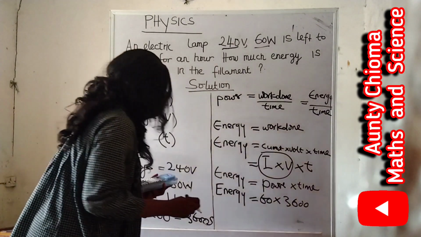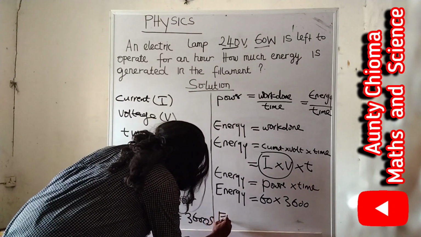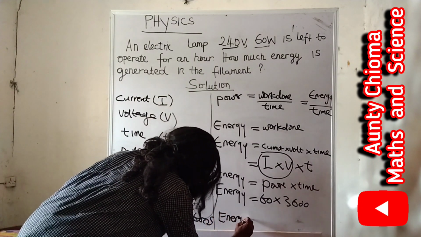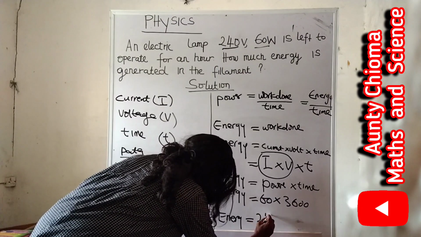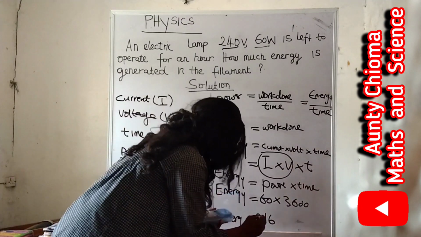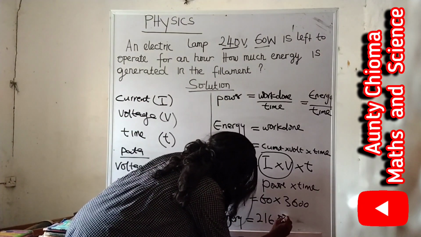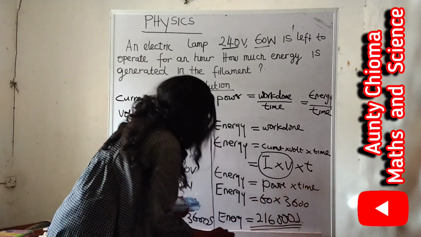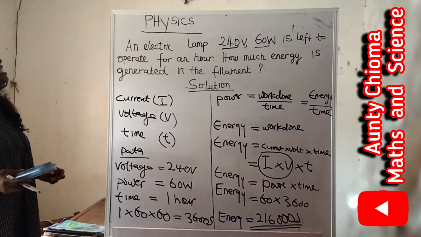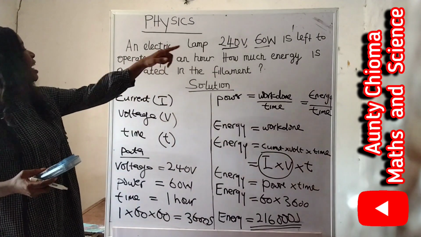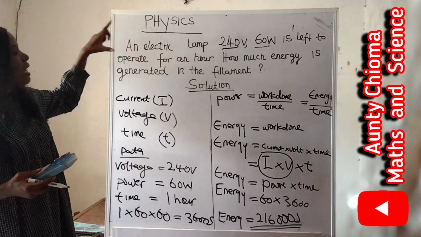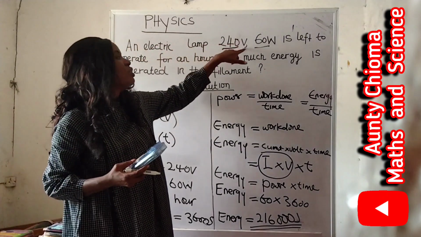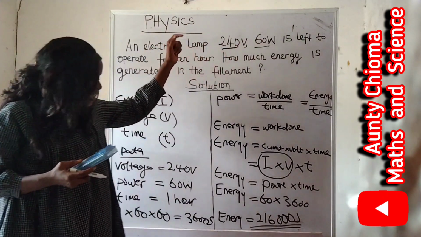Okay, so our energy now finally is equal to 216,000 joules. Answer. Which means the energy that is generated in this filament of 240 voltage and 60 wattage is 216,000.